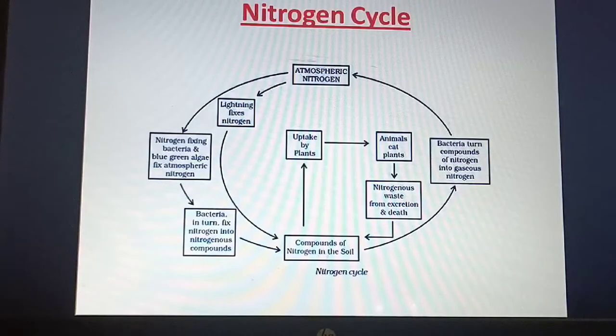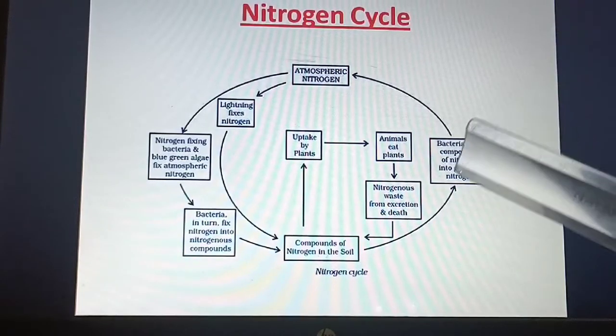Since it goes back again, the percentage of nitrogen remains more or less constant. Sometimes nitrogen gets fixed through the act of lightning too.